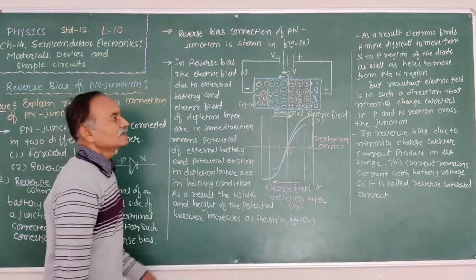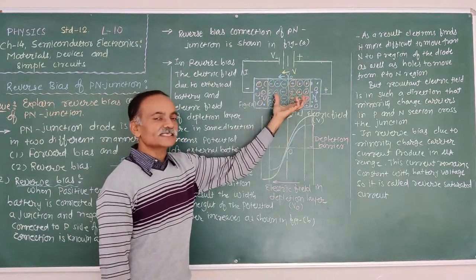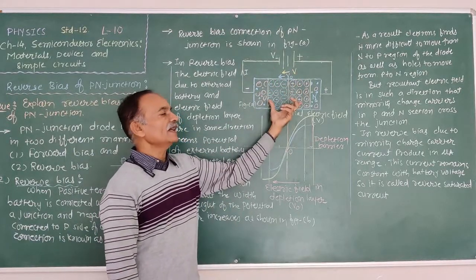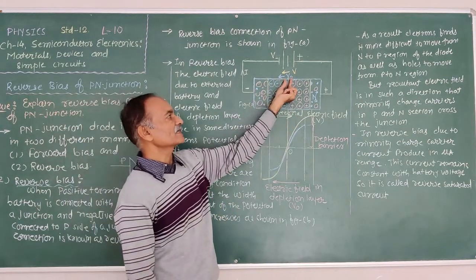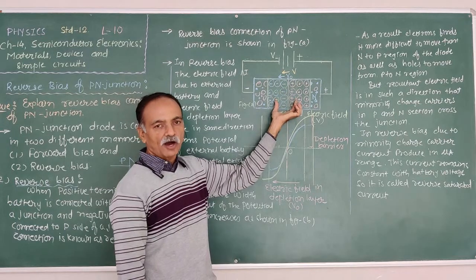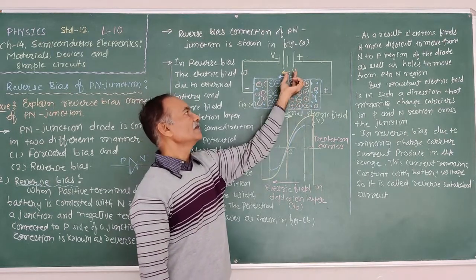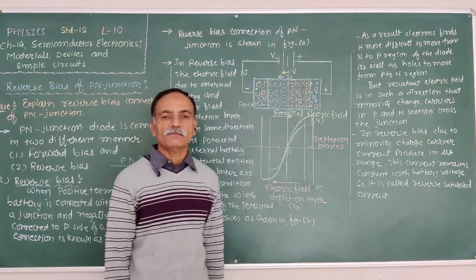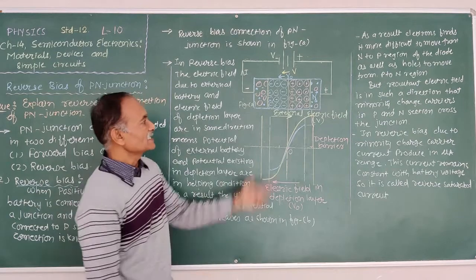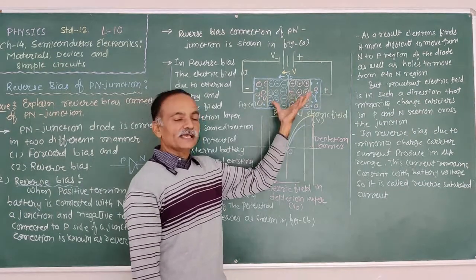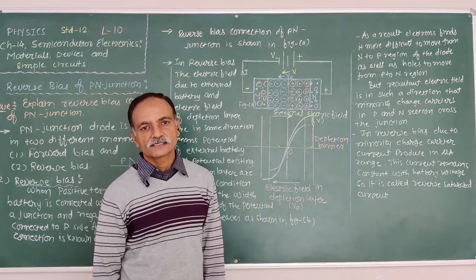Thus, the potential of the external battery and the potential existing in the depletion layer are in helping condition, that means both are in the same direction. V0 is the potential of the electric field existing in the depletion layer, while V is the potential of the applied external battery. So as a result, the magnitude of the electric field in the PN junction increases.